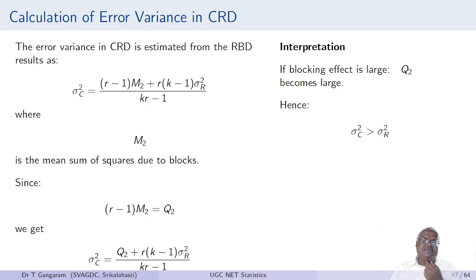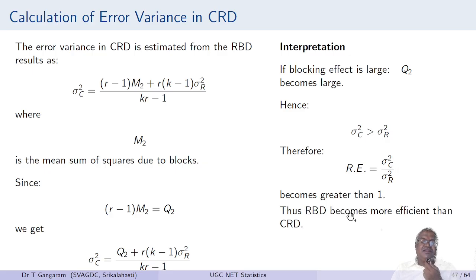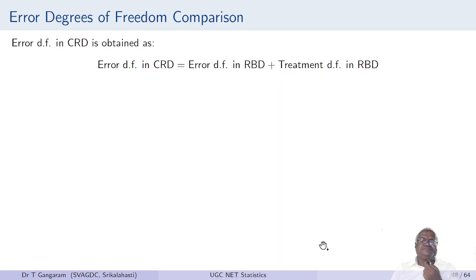The interpretation is: if the blocking effect is large, Q2 becomes large, hence sigma square C is greater than sigma square R. Therefore, RE is equal to sigma square C by sigma square R, which becomes greater than 1. Thus, RBD becomes more efficient than CRD.